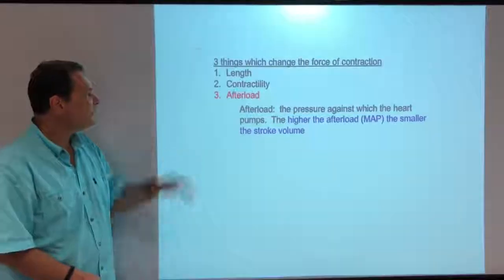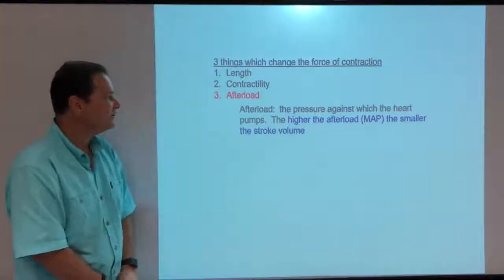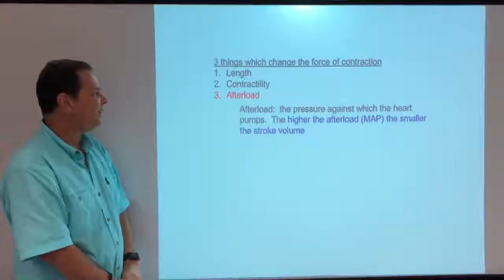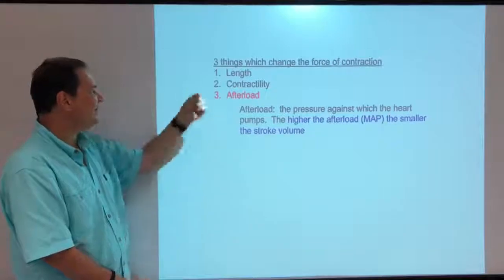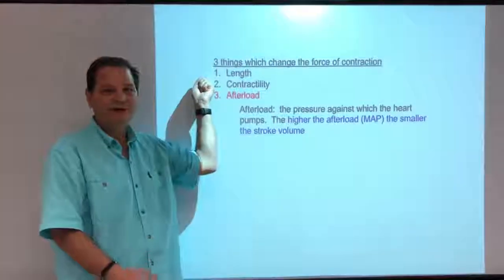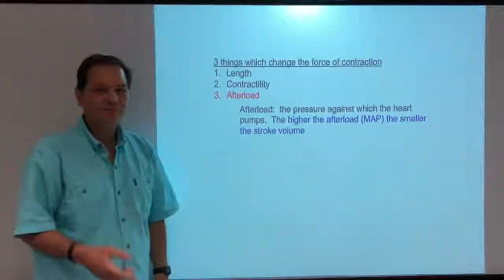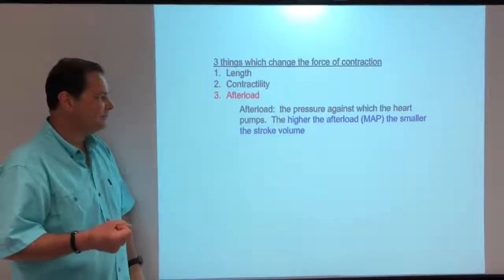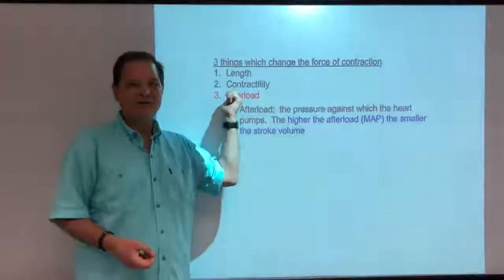All right. So these are the three things which alter the cardiac muscle function, the way that it contracts. The most frequent question I get is, how do I know if it's a change in contractility or not? The answer to that, very simply, and I think most students accept this and get it, it's easy to understand what a change in afterload is.